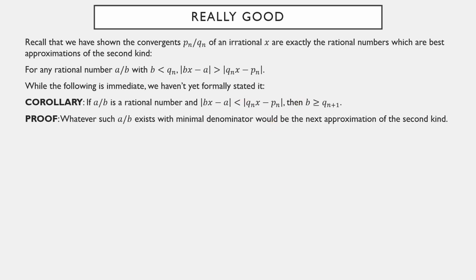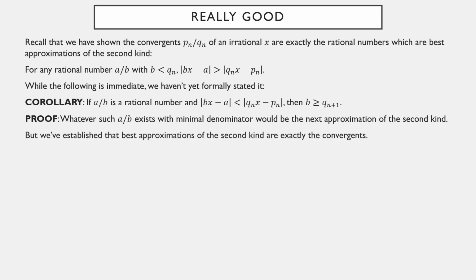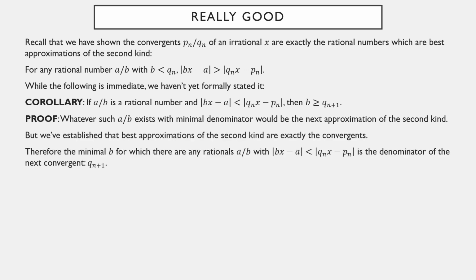That next a over b would have to be a best approximation of the second kind, but the best approximations of the second kind are exactly the convergents. Therefore, the smallest denominator you can possibly have after qn for a best approximation of the second kind is qn+1. So any denominator you see after qn must be at least as big as qn+1.